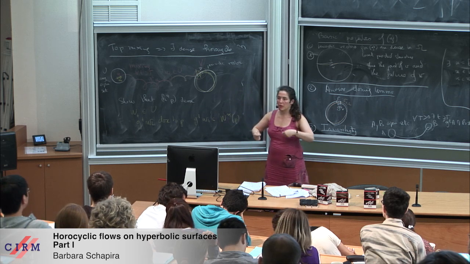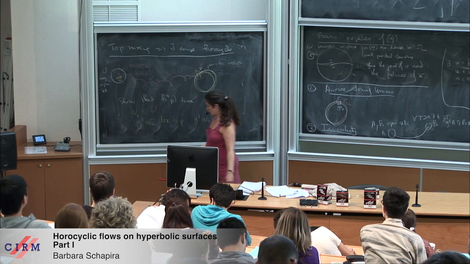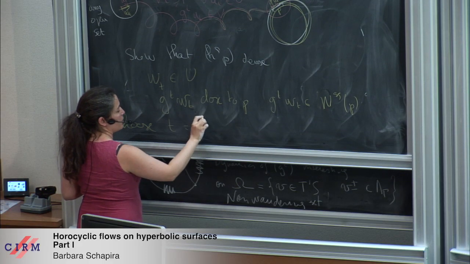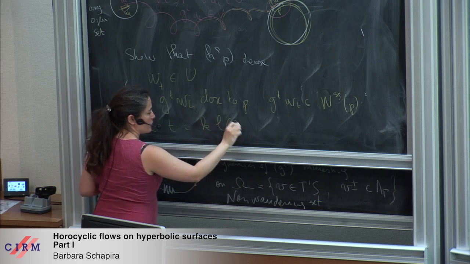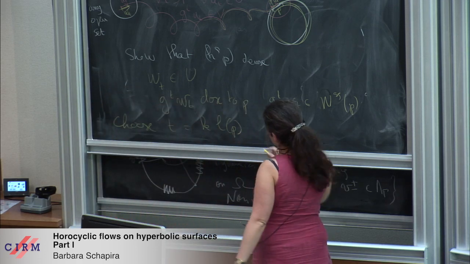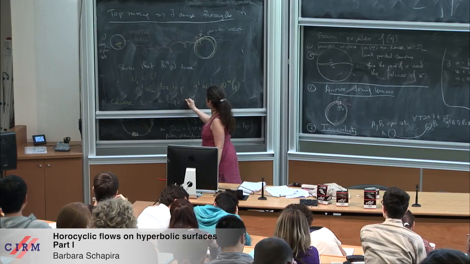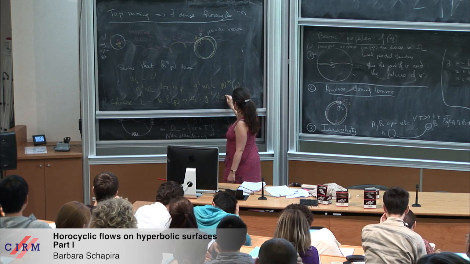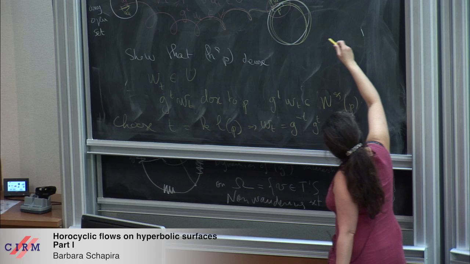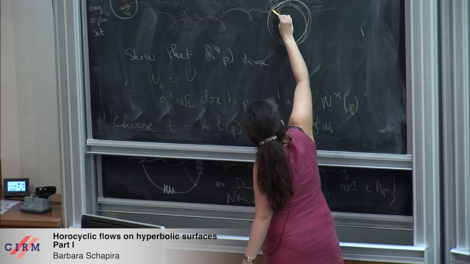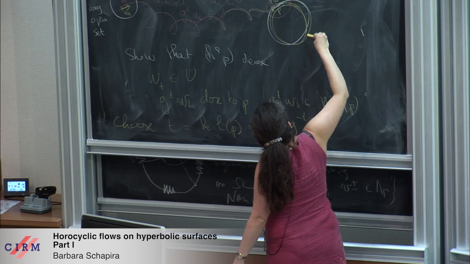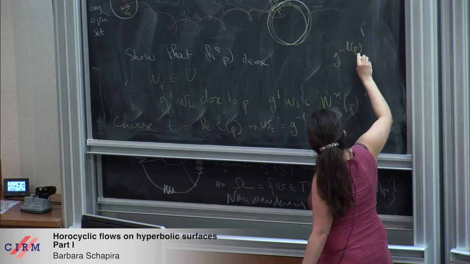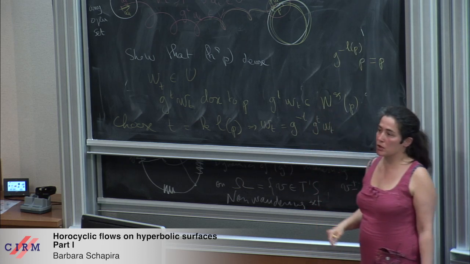Okay, but P is periodic. So I can choose t as a large multiple of the length of the periodic orbit. So wt is g minus t of gt wt. But as P is periodic, if you are in the stable manifold of P, g minus L of P is equal to P because P is periodic.